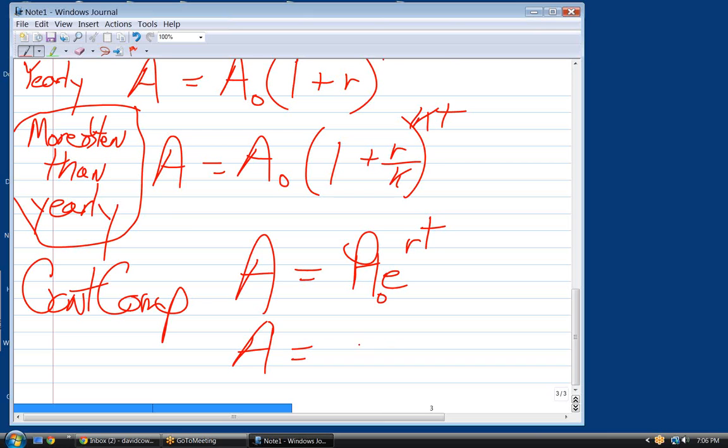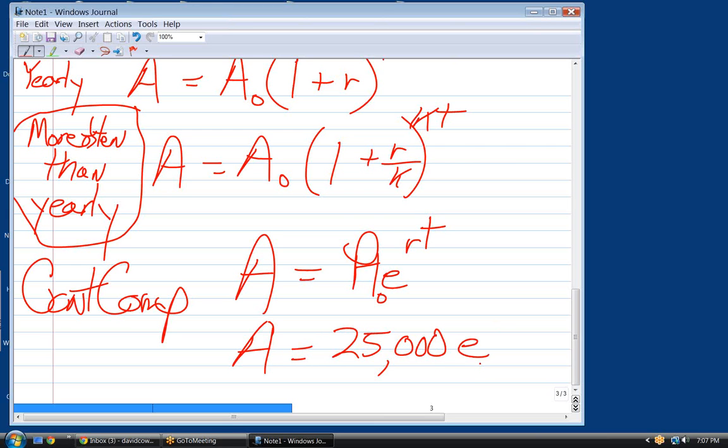What do I need to put in here? 1 plus... What's A sub 0? Remember, we're using the third one for continuous compounding. 25,000. Right, that's the principal amount.